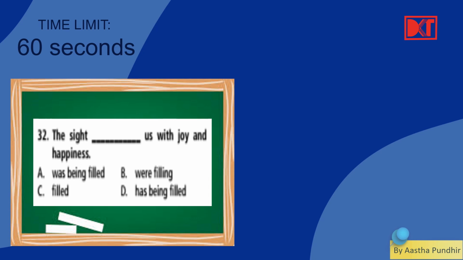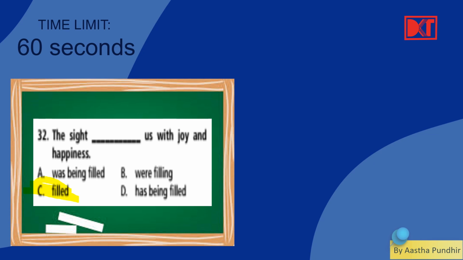Okay, here we have the site dash us with joy and happiness. The site was being filled, were filling, filled, or has been filled. Okay, now here first of all you have to talk about the V3 form, which is filled, सब में है. But here we're just talking about simple past, which is the site filled us.